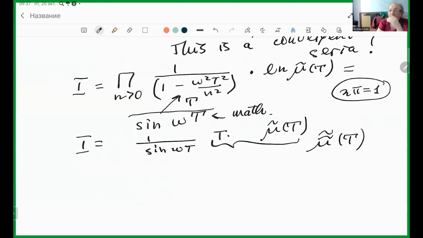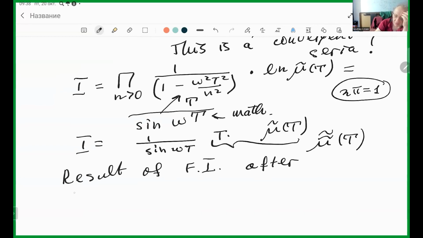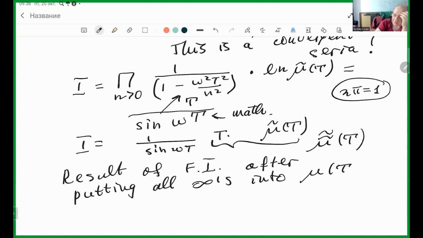Result of functional integral after putting all infinities into mu of t.